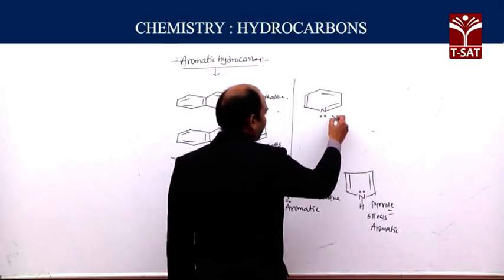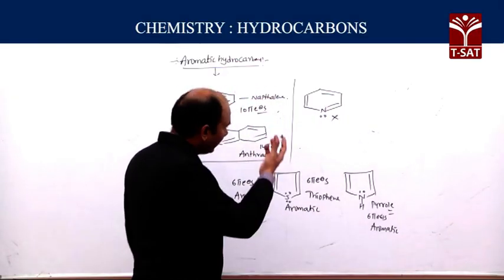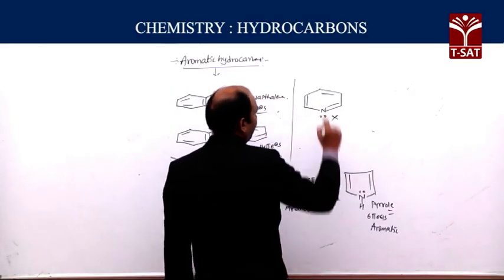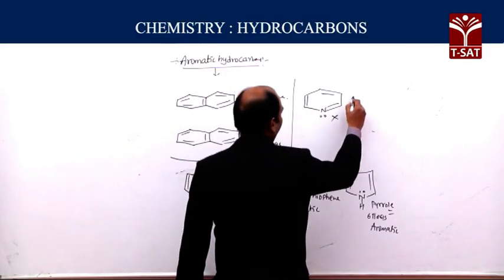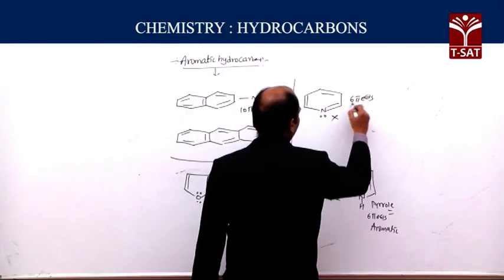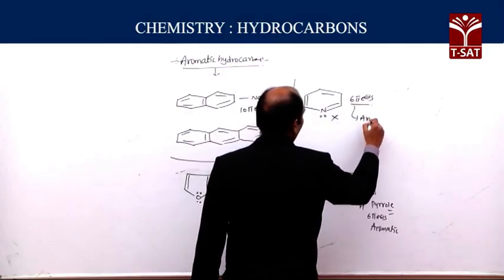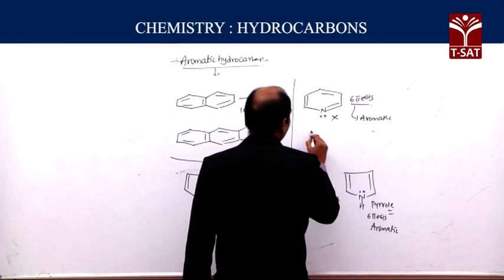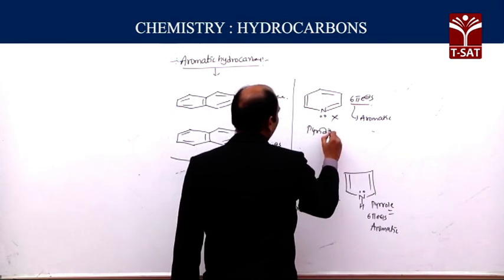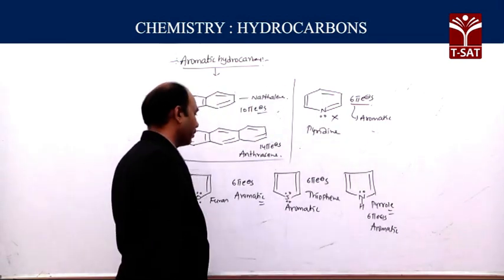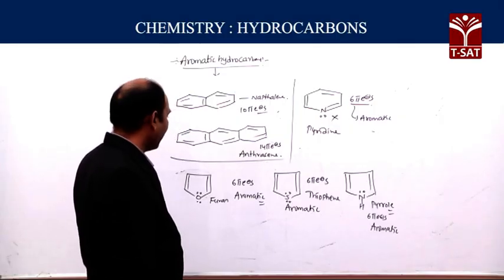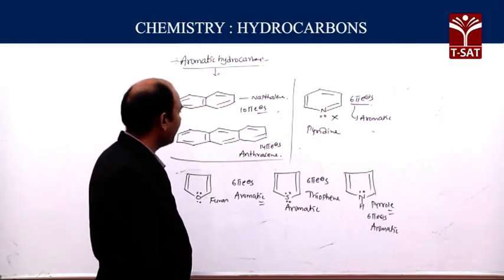Here we do not consider the lone pair in delocalization, as we already have delocalization between the pi bonds. So here we have 6 pi electrons, and this is aromatic. This is called pyridine. Pyridine, pyrrole, thiophene and furan are all aromatic compounds.